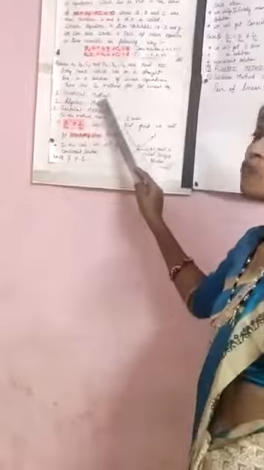Now the next point: this linear equation can be explained through two methods. What are the two methods? Does anybody know? The first method is the graphical method.